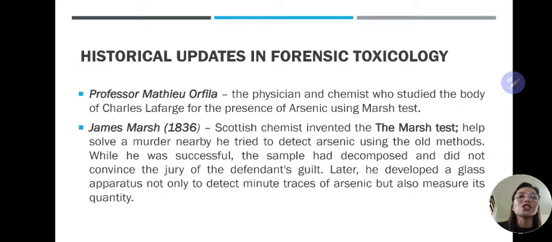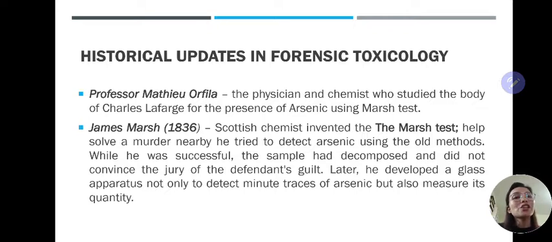He is the Scottish chemist who invented the Marsh test. This helped solve a murder nearby. He tried to detect arsenic using the old methods. While he was successful, the sample had decomposed and did not convince the jury of the defendant's guilt.